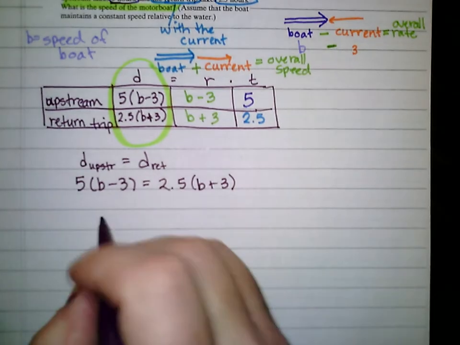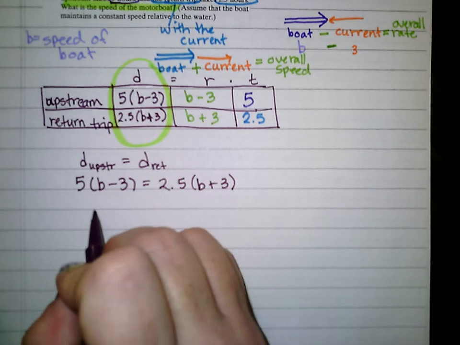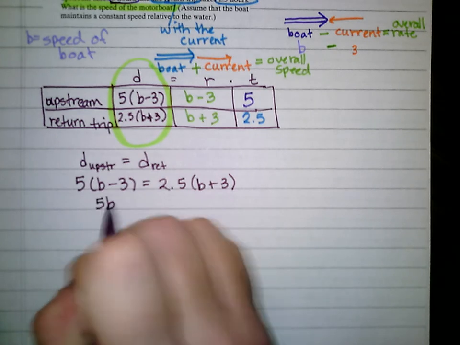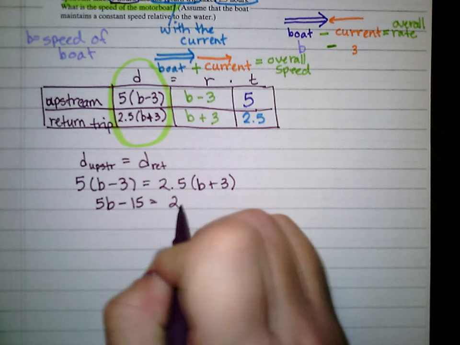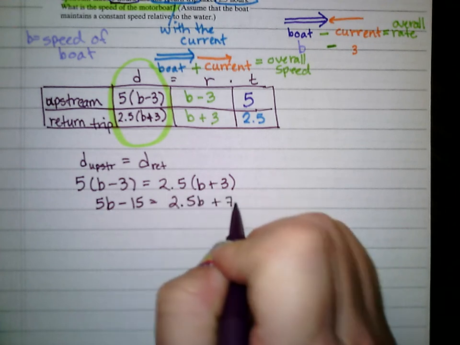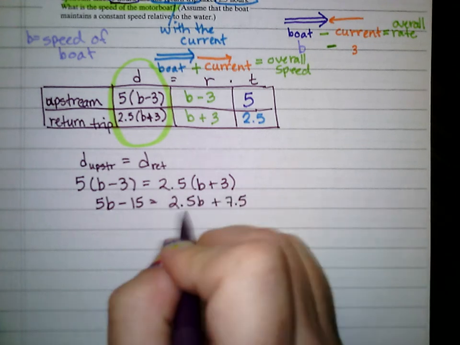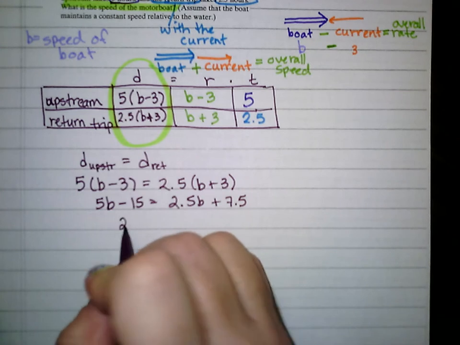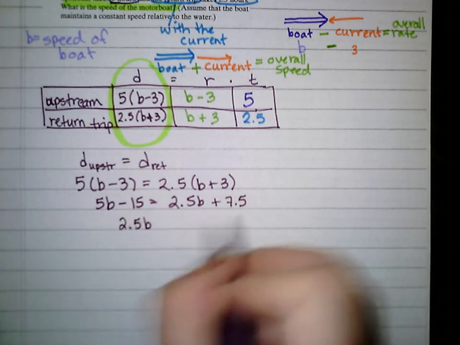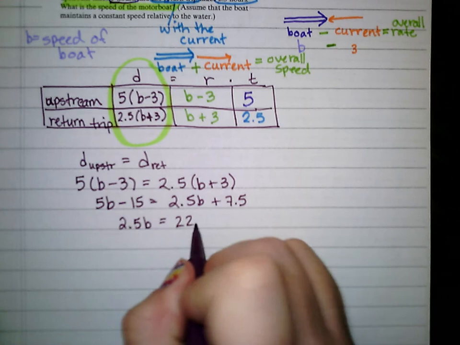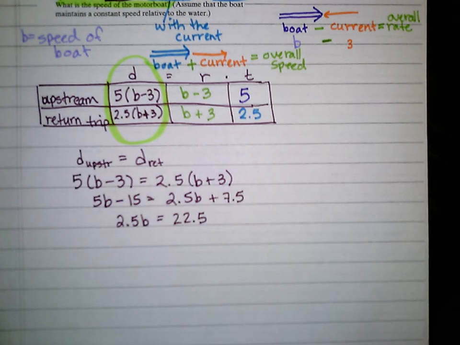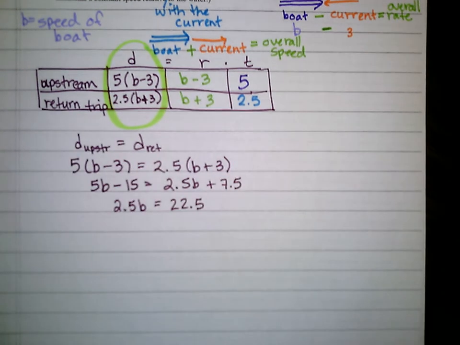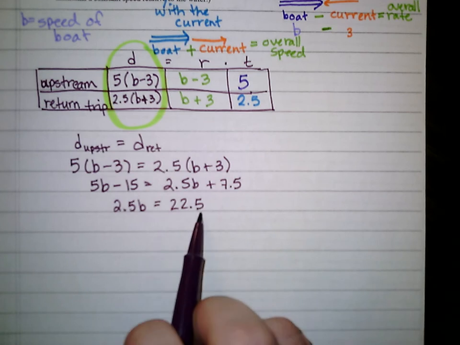And then this is a really pretty easy equation to solve. So 5B minus 15 will equal 2.5B plus 7.5. Subtract 2.5B over to this side. Add 15 over to this side, equals 22.5. And 2.5 will go into 22.5.